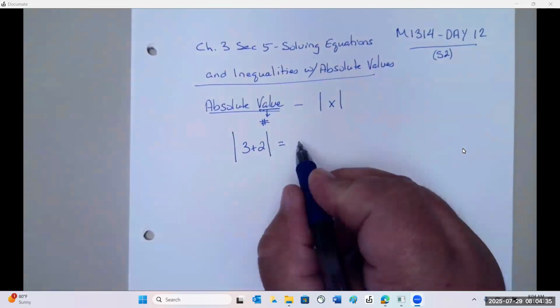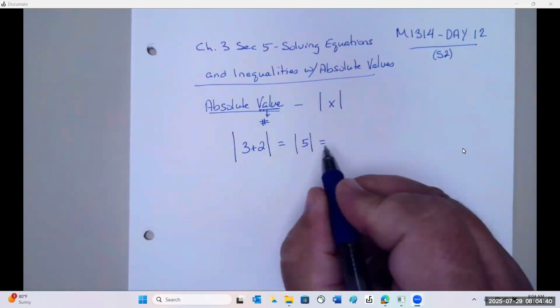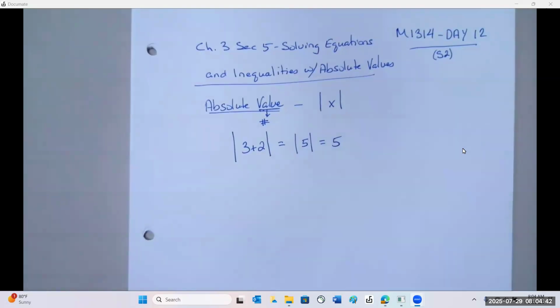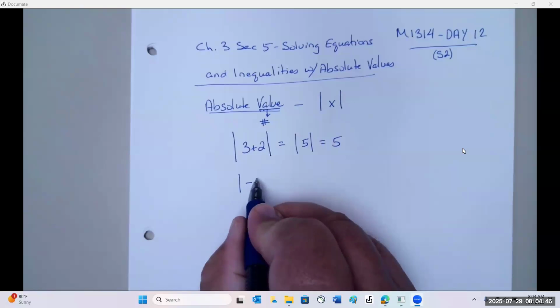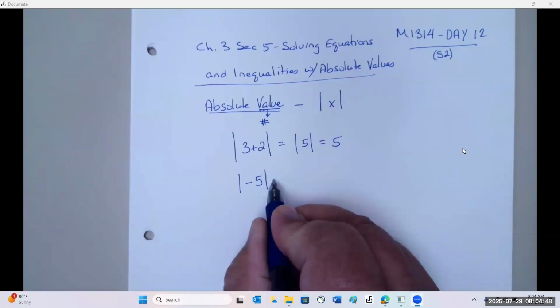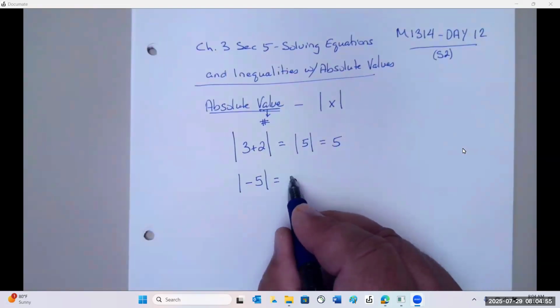So I would have to first do inside there. So the absolute value of 5 is 5. Likewise, the absolute value of negative 5 is what? It's 5.